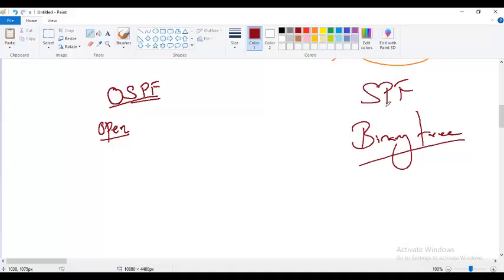So we see in various places SPF algorithm in use. Routing protocol OSPF also uses the same algorithm that the Microsoft operating system and Intel processor use.